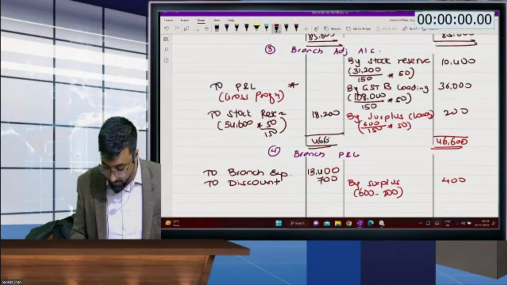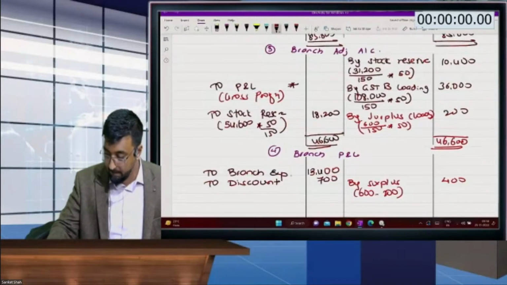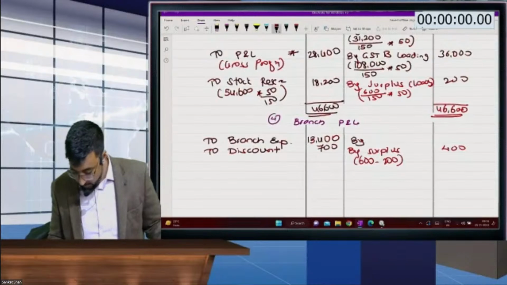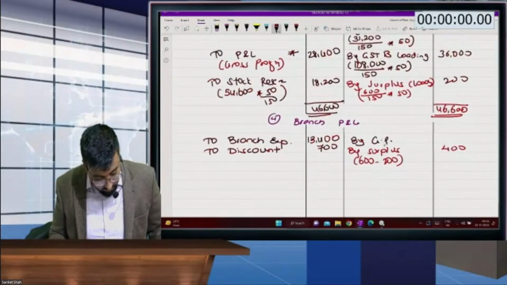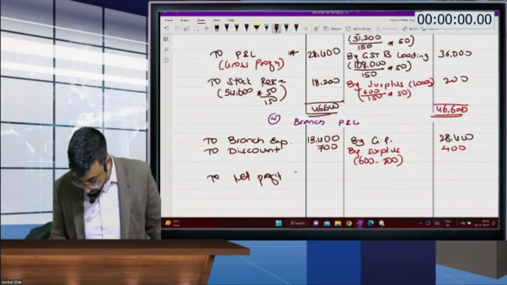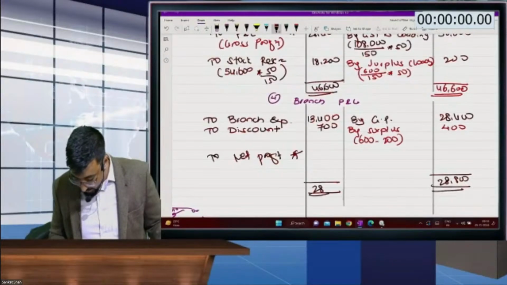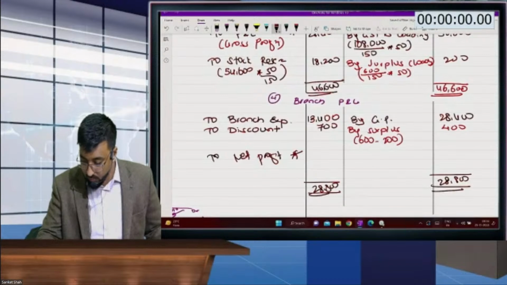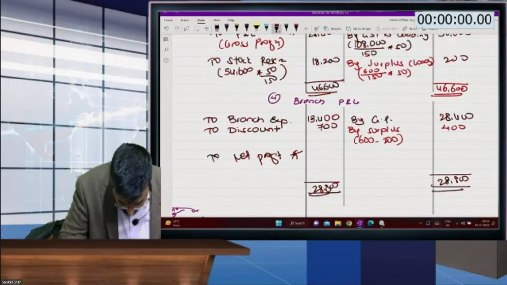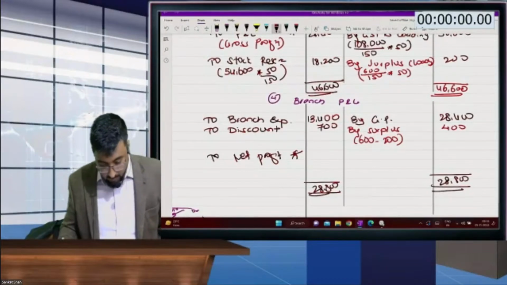Normal pay na. 28,400 and to net profit 28,800 minus 13.4 minus 0.7, 14,700.